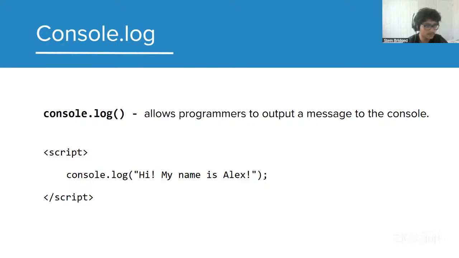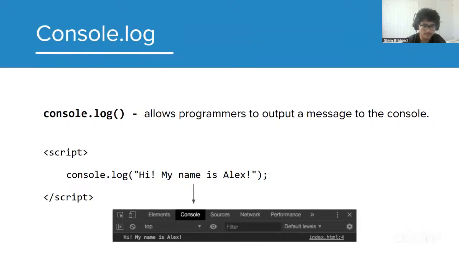You can also use console.log to print out messages, to make sure that the variables that we create hold the values that they're supposed to. So this is how you can check a variable. Right now, you're checking the string. If you console.log the string, in your console it should show, hi, my name is Alex.